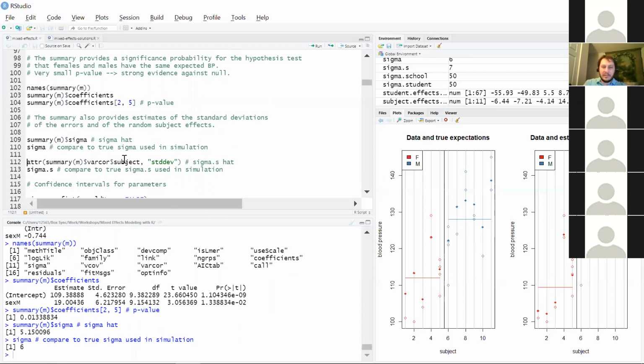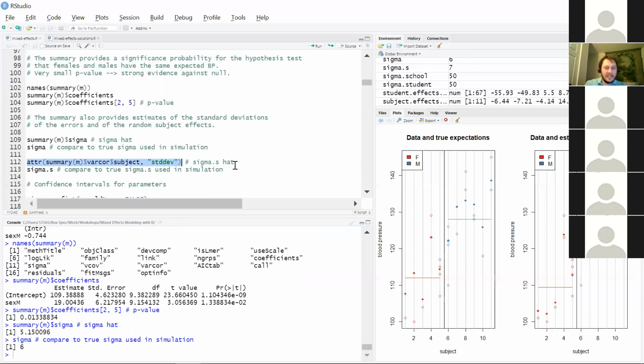That's deviations of blood pressure from an individual's expectation. What about the deviations of the individual's expected blood pressures from their group expectation? What about the standard deviation of that normal distribution? Well, you can also get that standard deviation, and the command for it is a little bit complicated. I don't know of a simpler way of getting that estimate out of this object.